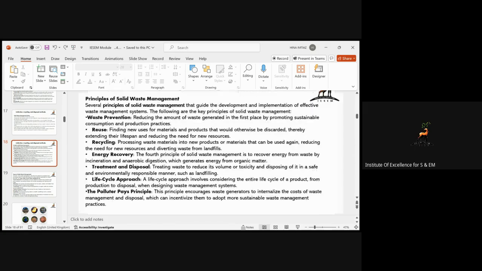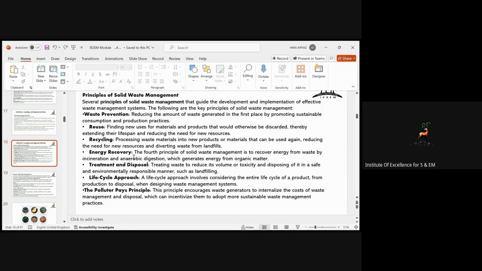All right. So moving towards the next one, recycling, which is basically a process in which waste material is transformed into new products or material that can be used again, reducing the need for new resources and diverting waste from landfills. Because for landfill we need huge space, so it is a very good option to divert the waste from the landfill.